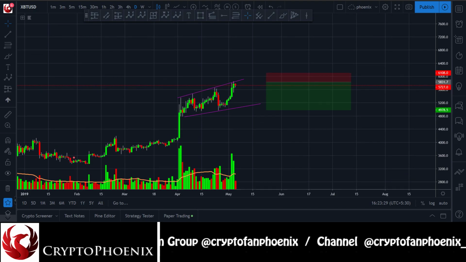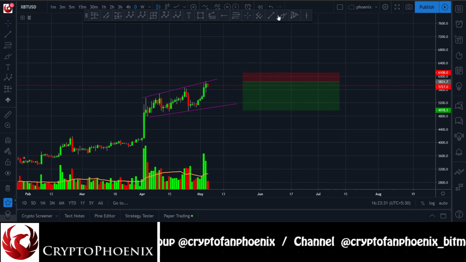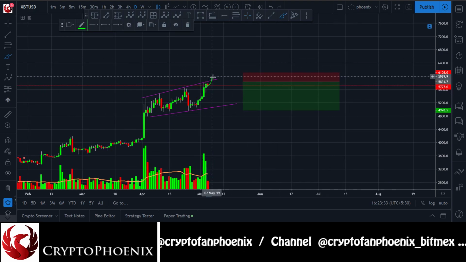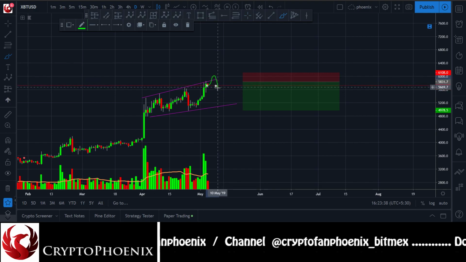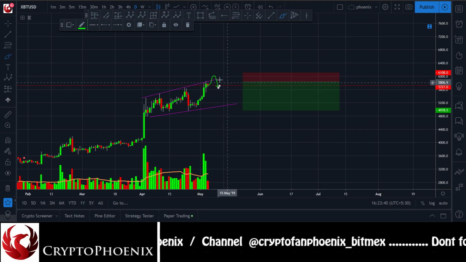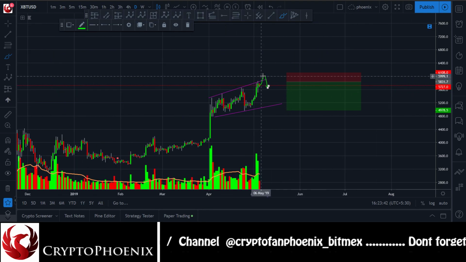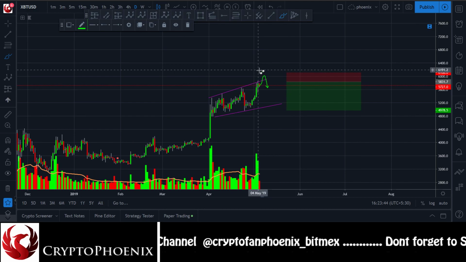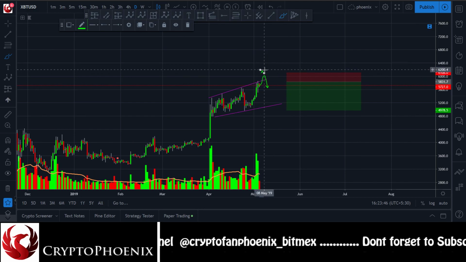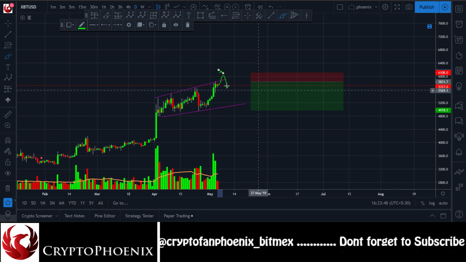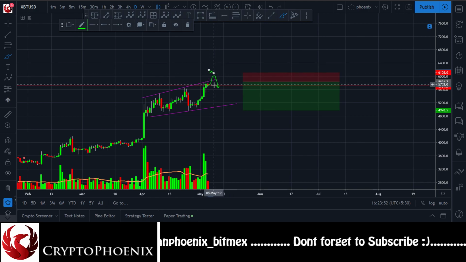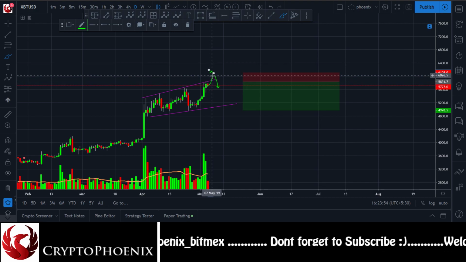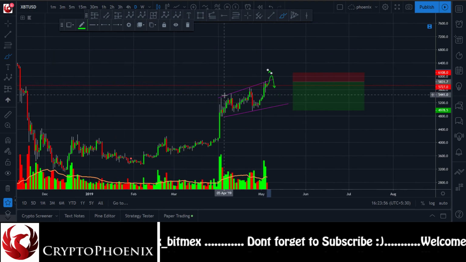There is a possible chance we can have an overthrow, which usually happens like this, and then a fall back into the pattern. That would confirm that this move was invalidated, and the bearish pressure will increase from this range if the price overthrows and falls back into this pattern.